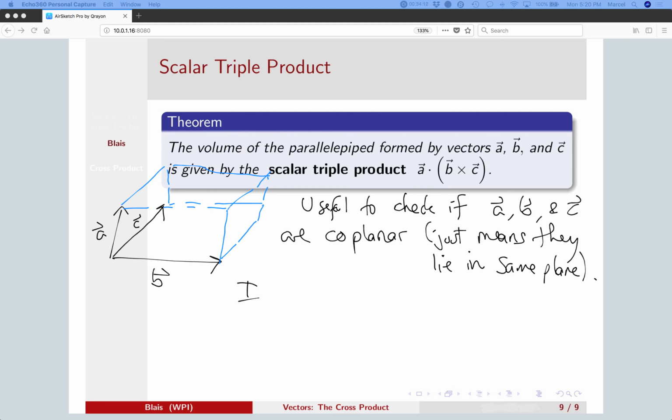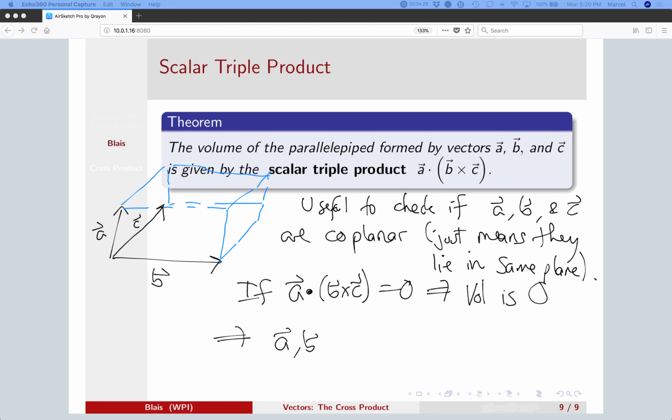So, this is how we use this, if A dot product B cross C equals 0, that means that this parallelepiped volume is 0, which then means A, B, and C lie in the same plane. So this is a handy use of the scalar triple product and the fact that it gives you the volume of the parallelepiped formed by your three vectors.